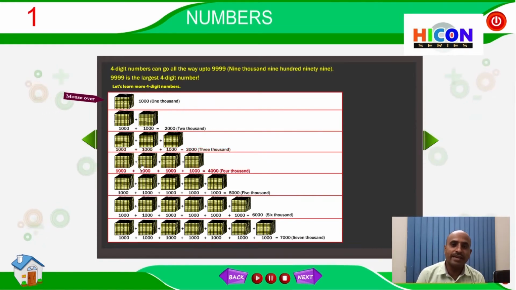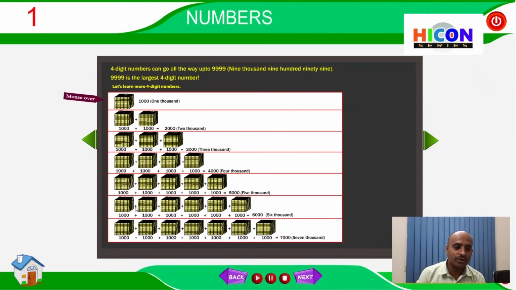The fourth row contains four cubes and each cube represents 1000, so it becomes 4000. The fifth row contains 5 cubes and each cube represents 1000, so the total becomes 5000.